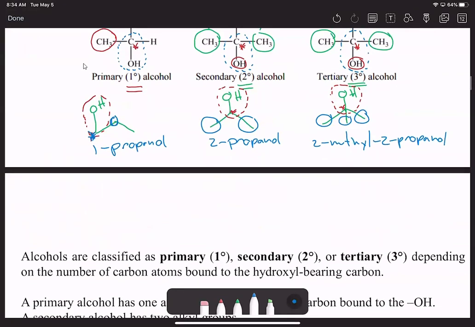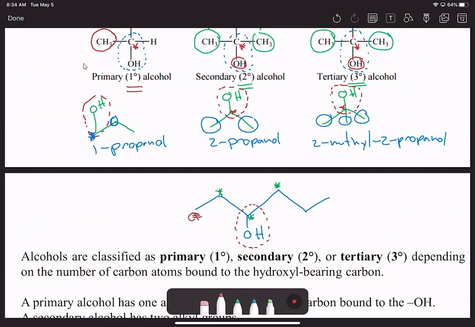So let's look at the secondary alcohol again. Let me draw it longer here. All right, I'm going to circle it and identify this carbon here. Now, how many carbons are directly bonded to that carbon? Well, this carbon's bonded to it. This carbon's bonded to it. I don't want you to look at this carbon here.